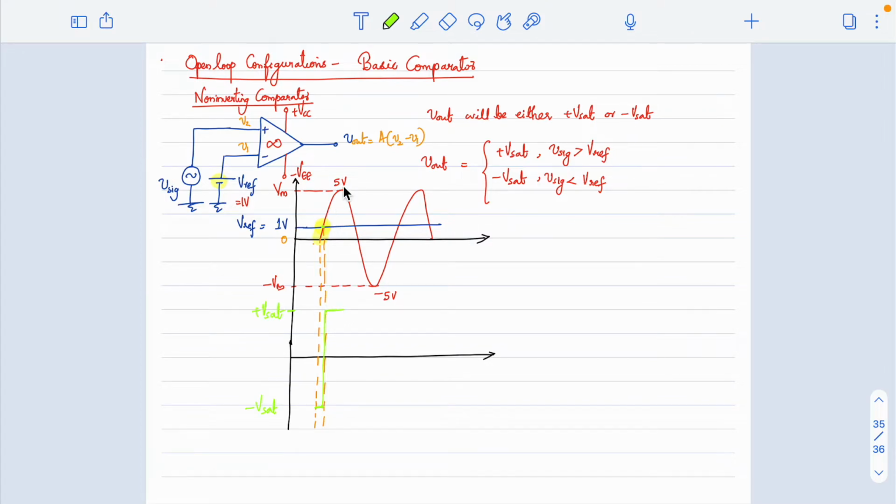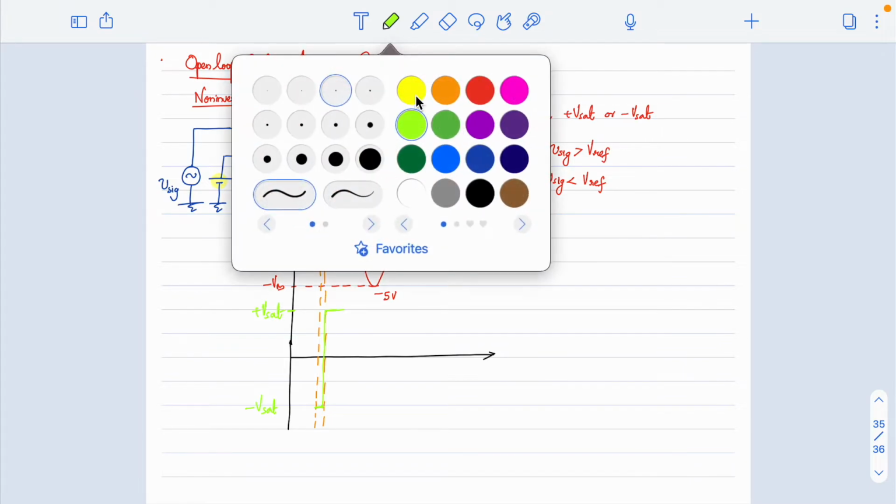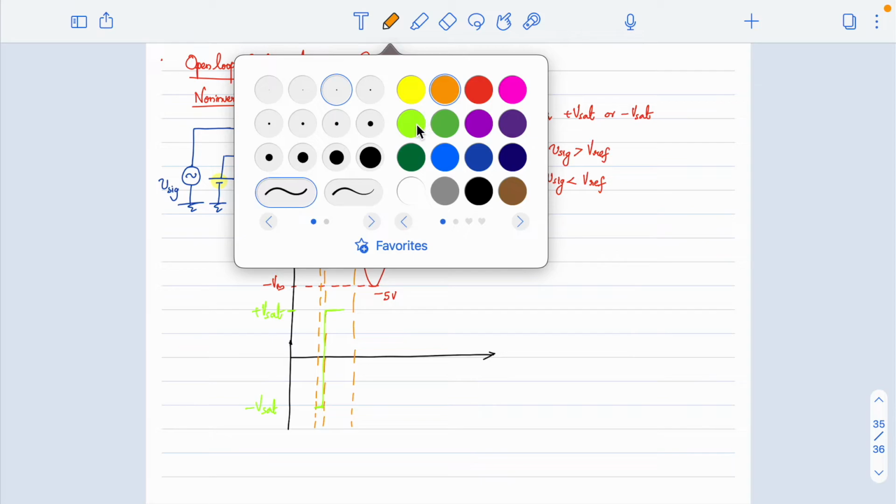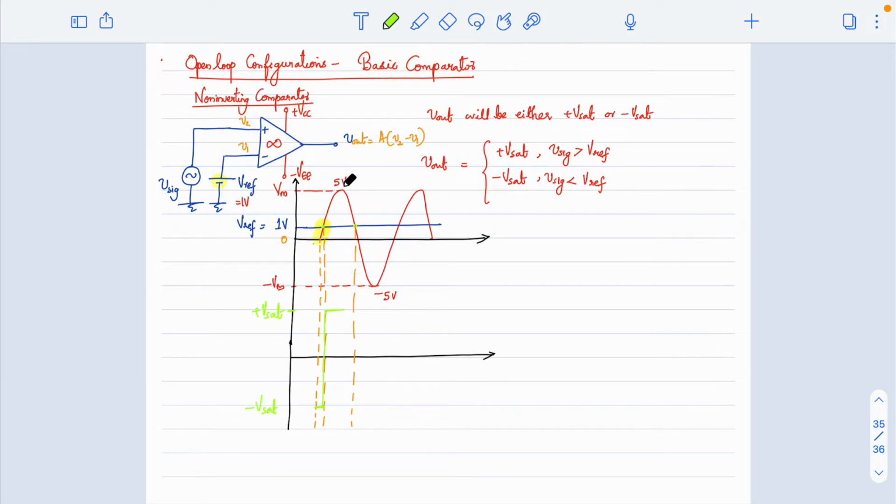Now the next comparison will happen only at this point. Till then, the output will be retained at this voltage. Till this point, the non-inverting input terminal is having a higher voltage, so output will stay at plus Vsat. But again at this point, a comparison is made, and soon after that, the non-inverting input terminal is going lesser than the reference voltage.